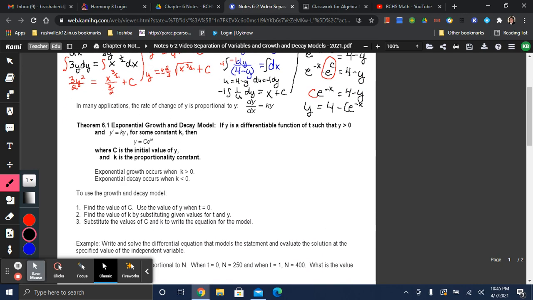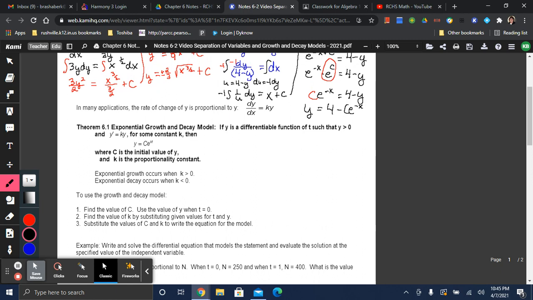Now, we're going to move on to a statement that will then become a theorem. In many applications, the rate of change of y, and the rate of change is your derivative, is proportional to y.